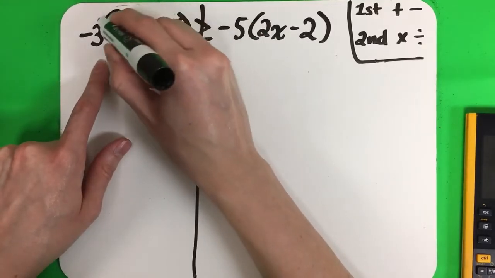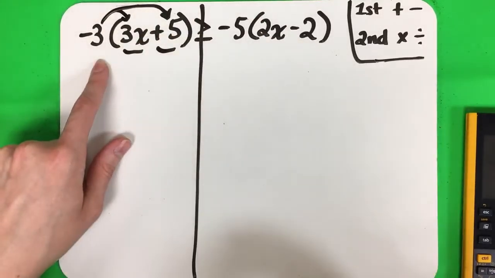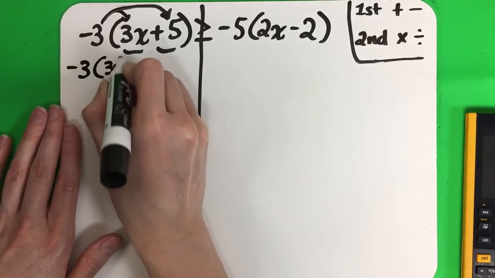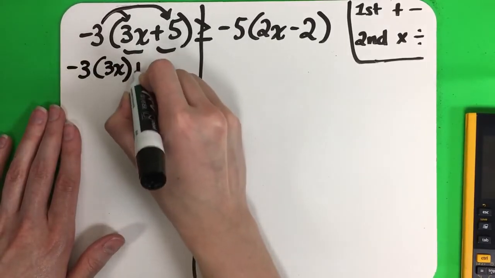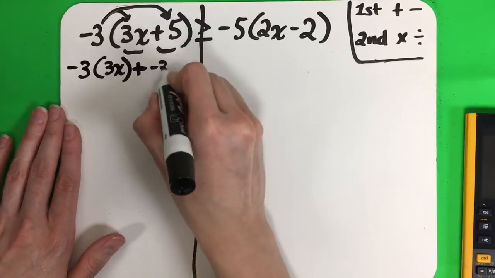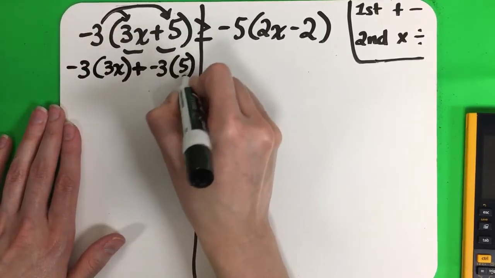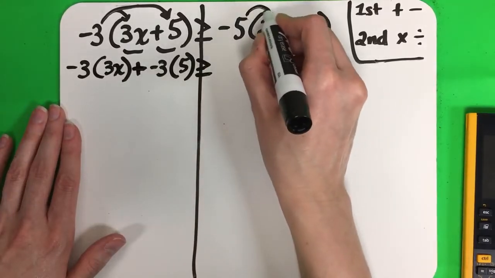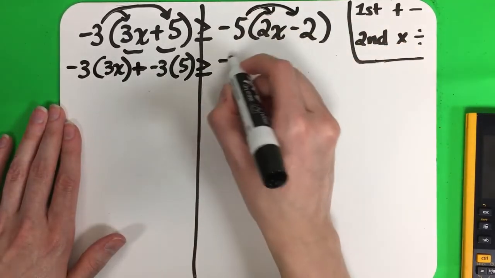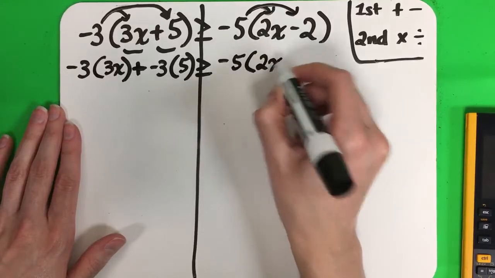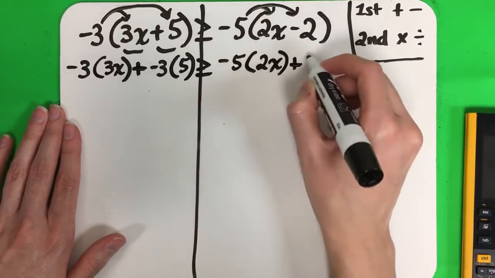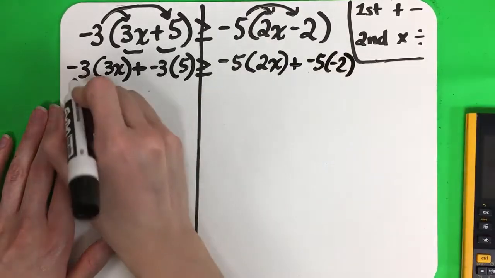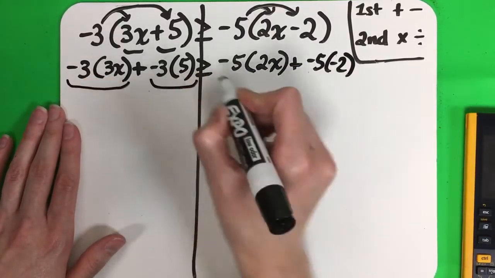I'm going to give -3 to part 1 and part 2. So I'm going to do -3, parenthesis, 3x, parenthesis, always plus, siempre más, plus. Again, -3, parenthesis, 5, parenthesis, greater than or equal. Now here, again, with the arrows, -5 times 2x, parenthesis, plus -5 times -2, parenthesis. You can do your parentheses first.